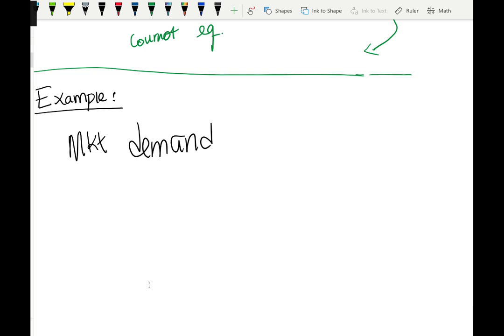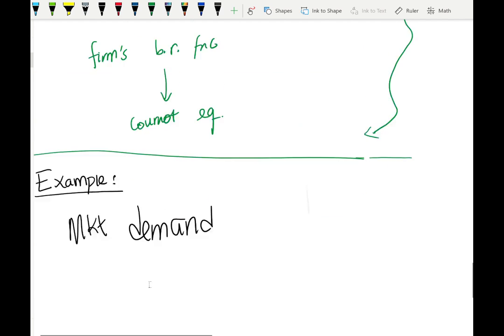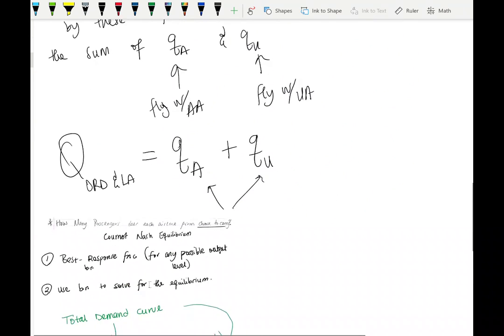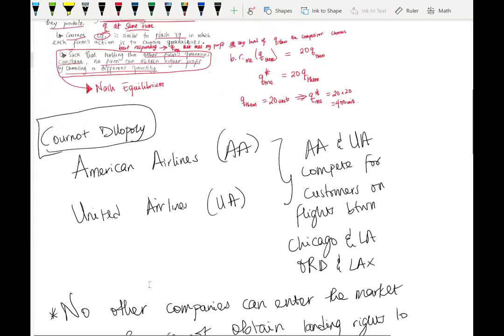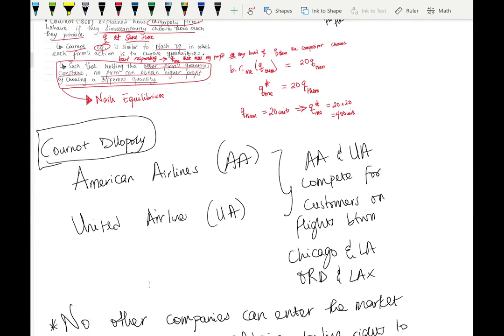All right, so now we're going to look at an example. In this example, we have the airline market, right? Just a quick reminder, we're looking at United and American, AA and UA.